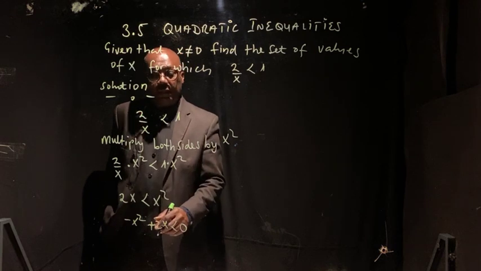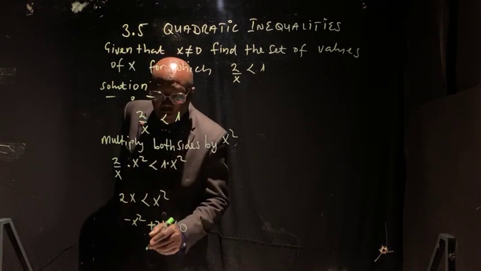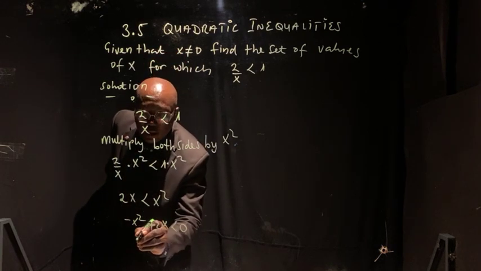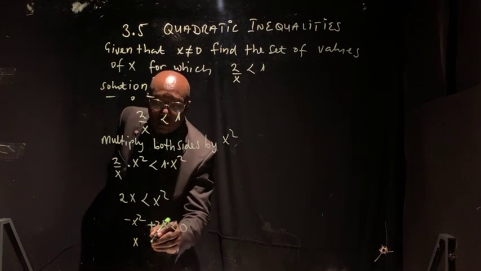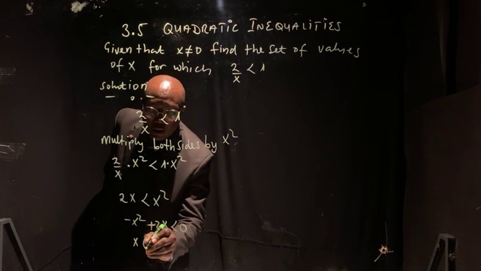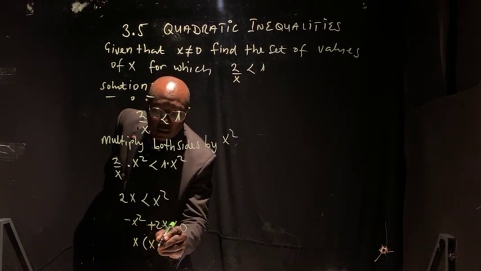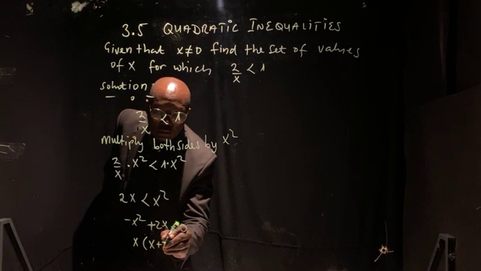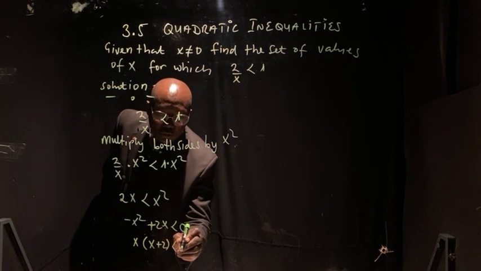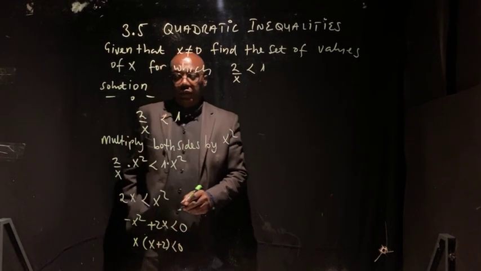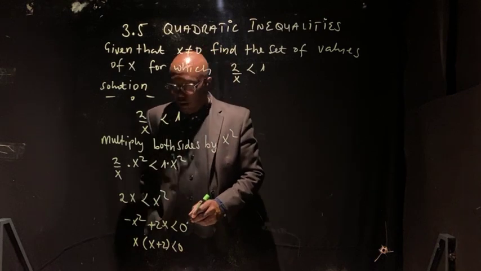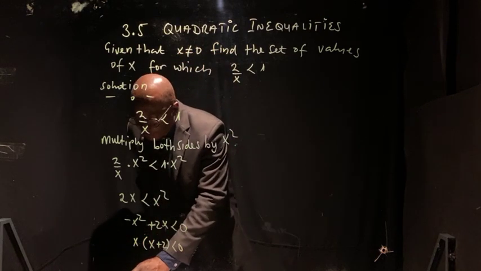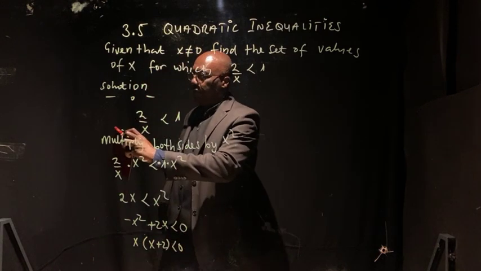But in the meantime, if you factorize x outside, you have x times (x minus 2)... that is, -x(x - 2) is less than 0. Very good. Let me check my screen, whether you can see properly.